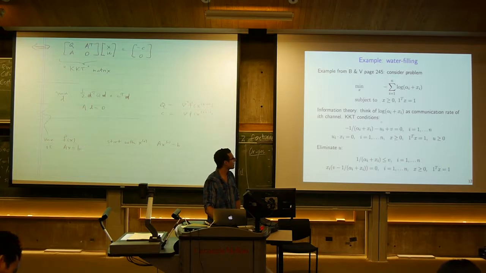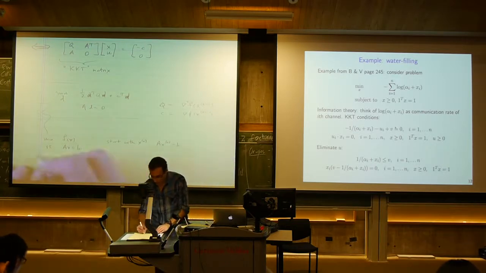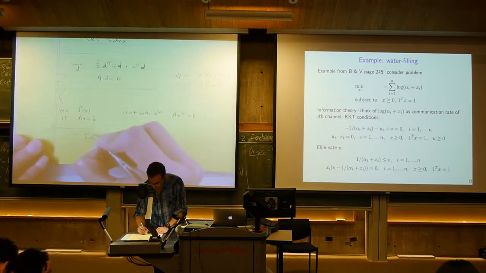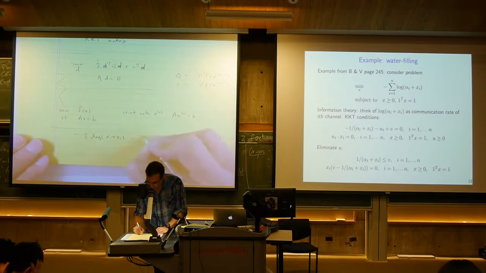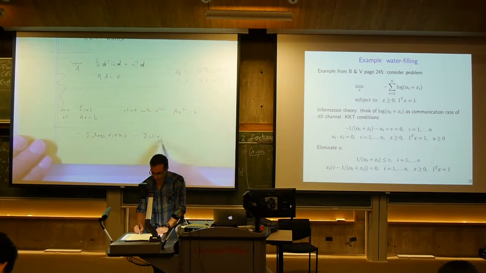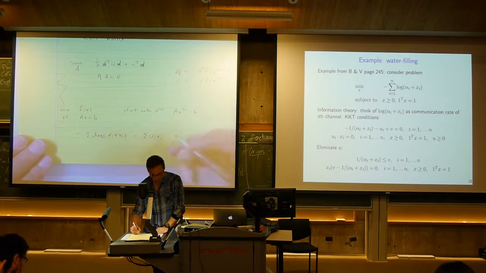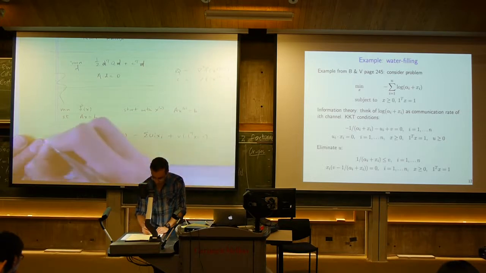And here I'm differentiating that with respect to x. So the Lagrangian was minus the sum of log of alpha_i plus x_i, minus the sum of u_i x_i, because these were actually less than or equal to 0. So I've flipped the sign of the constraints before I've defined this term, plus v, just one equality constraint, right? This is just one equality constraint here. So that's the Lagrangian as a function of x, u, and v.